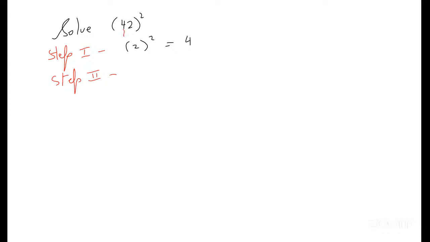These two numbers we will multiply, and then we will double it. So multiply 4 and 2, and then we double. So 8 into 2, 16.